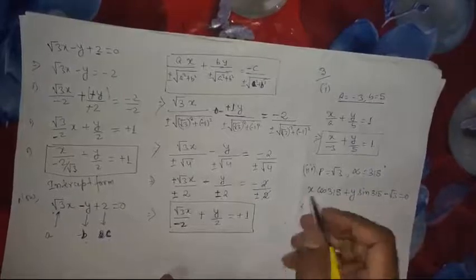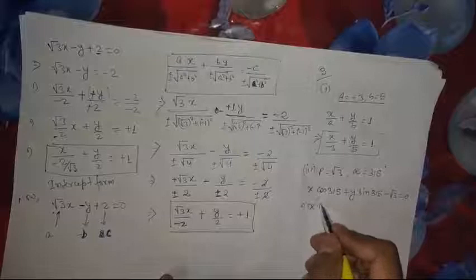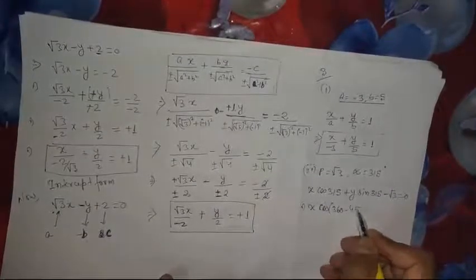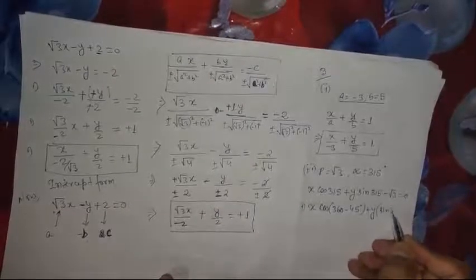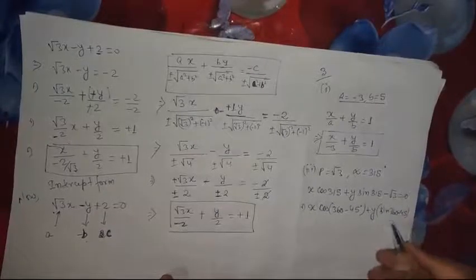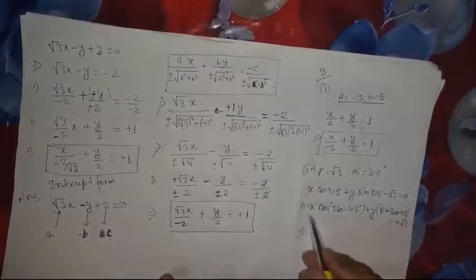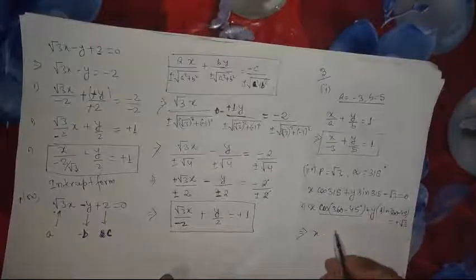So here if you see carefully, x cos 315 is given, so you can write cos of 360 minus 45, plus y sine of 360 minus 45. Cos 360 minus 45 is cos 45, x only.